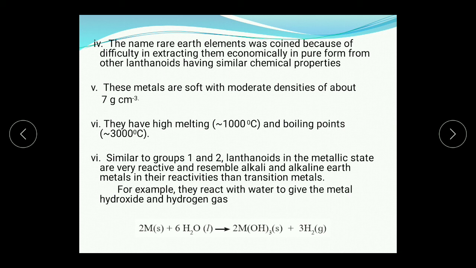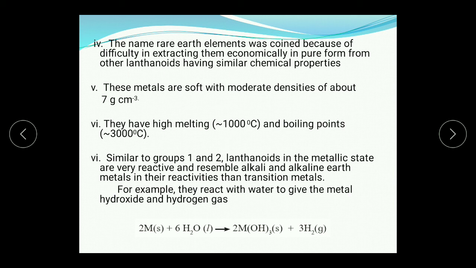And similar to that, these elements also form M(OH)3, that means alkali, with water. M is for metal. These metals also form alkali. So lanthanum reacts with water to give lanthanum hydroxide along with hydrogen.